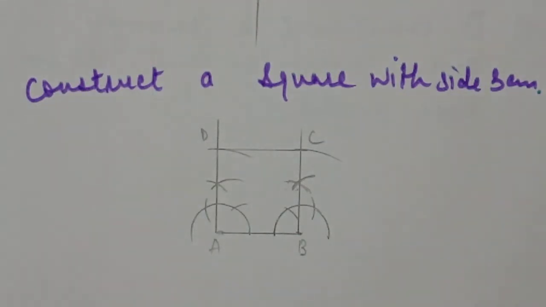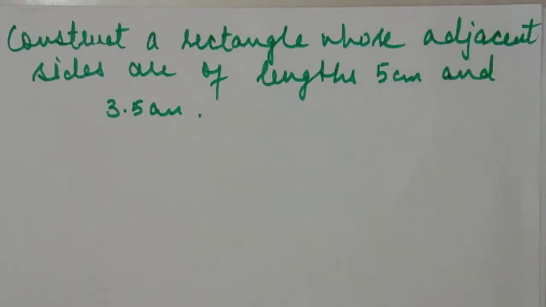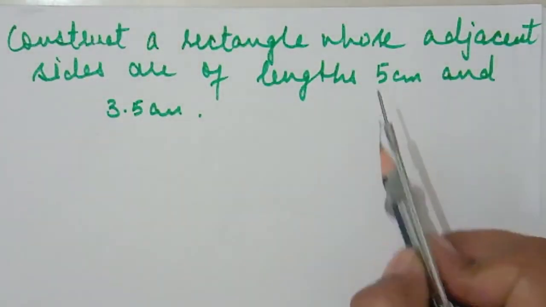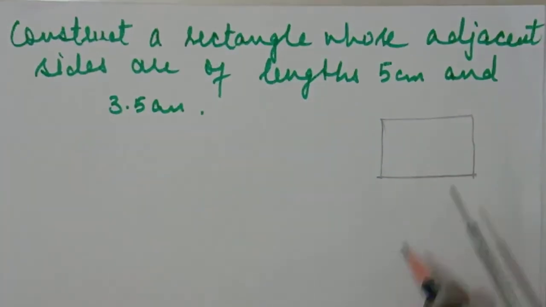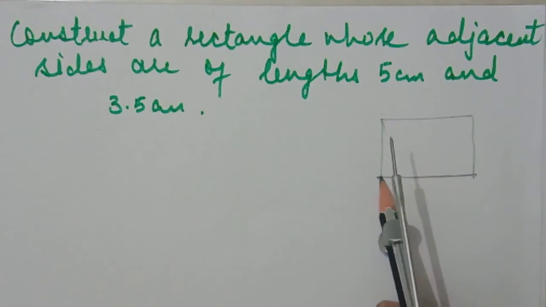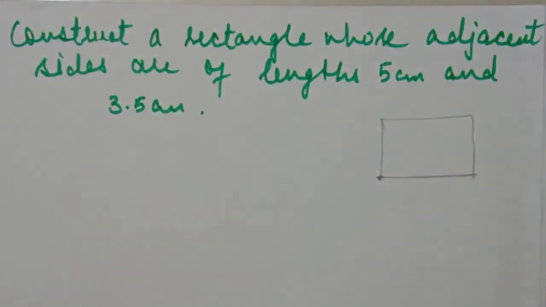Now how will we draw a rectangle? So students, this is our question. The question is, construct a rectangle whose adjacent sides of length 5 centimeter and 3.5 centimeter are given. First of all, we have to draw a rough diagram of a rectangle like this. Adjacent sides means, when two sides have a common vertex, we call them adjacent sides.